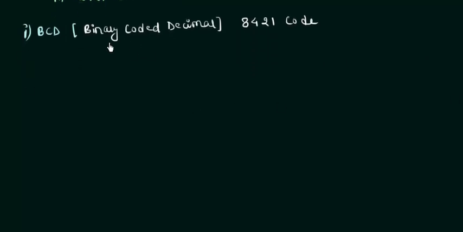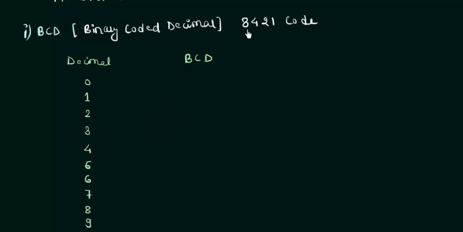As it is the binary coding of the decimal, we will first write the decimal and then code it into binary, or we can say BCD. So the decimal numbers are 0, 1, 2, 3, 4, 5, 6, 7, 8 and 9.